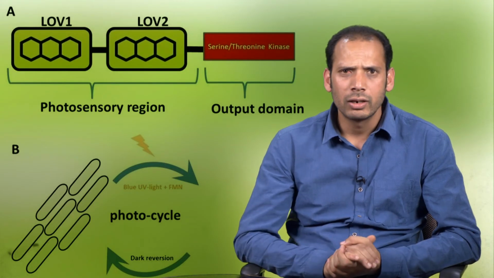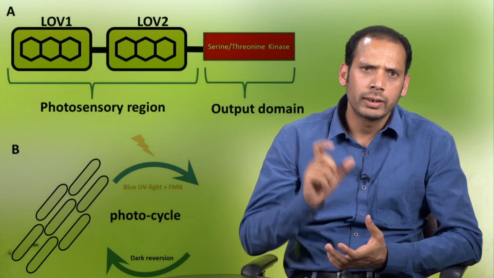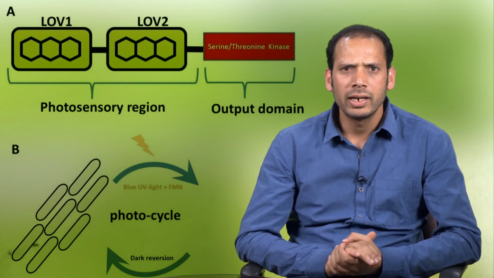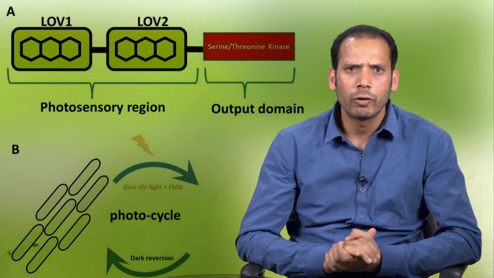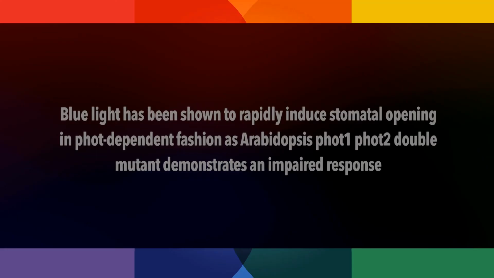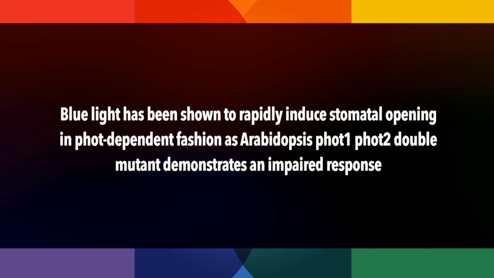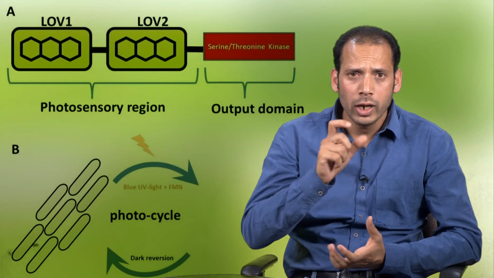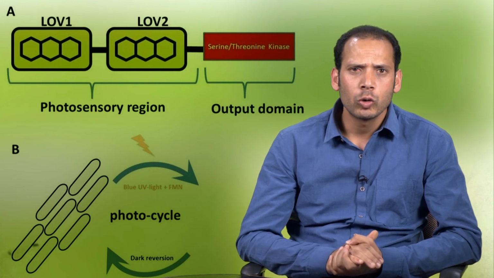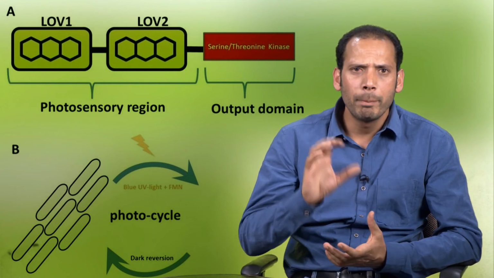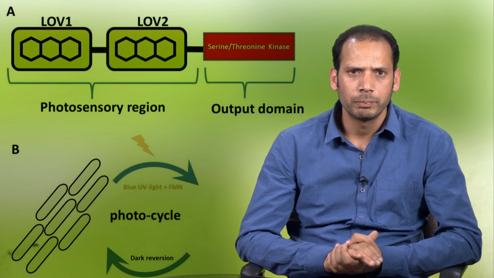The data suggests that phototropin mediated stomatal opening occurs at higher light intensities than those required for cryptochrome activity. Blue light has been shown to rapidly induce stomatal opening in a phototropin dependent fashion, as the Arabidopsis PHOT1 and PHOT2 double mutant demonstrates an impaired response, while blue light specific stomatal opening was restored completely by the wild type construct.